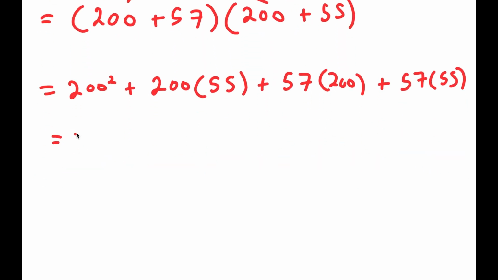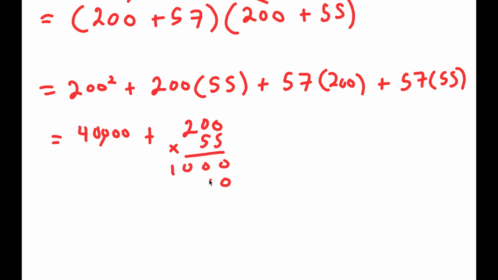Now 200 squared is equal to 40,000. 200 times 55, I'm going to write this right here, 200 times 55. We have 0, 0, 10, 0, 0, 10.